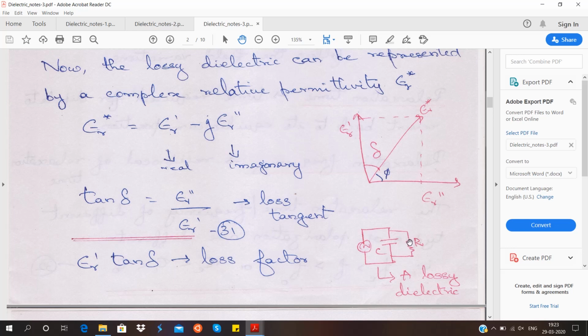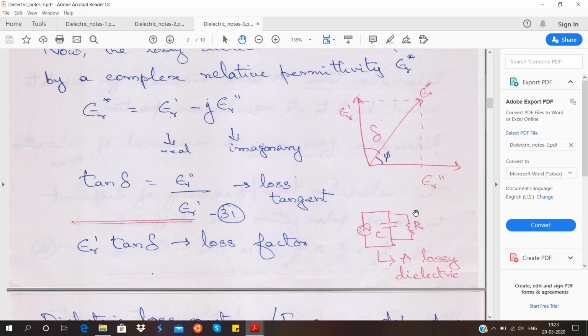So here I have also shown a lossy dielectric. Whenever I have a capacitance with a dielectric, I also include a resistance across it to understand the loss in both the conduction current and the displacement current.